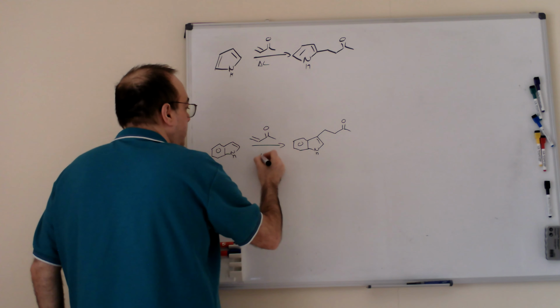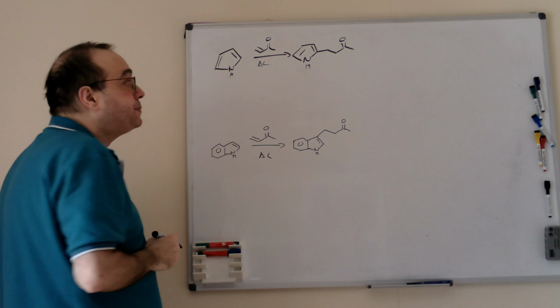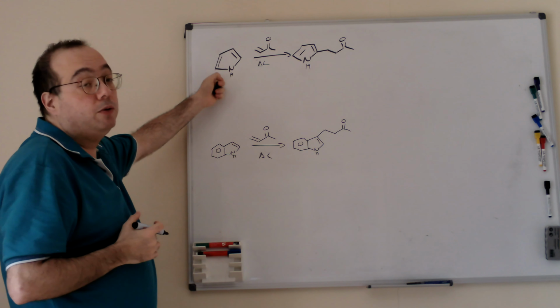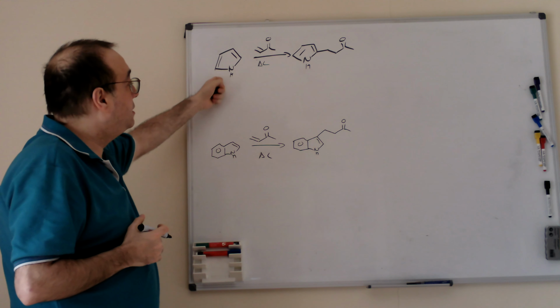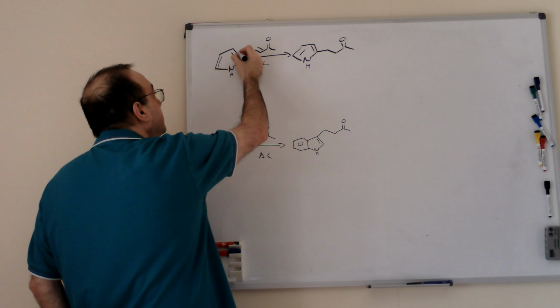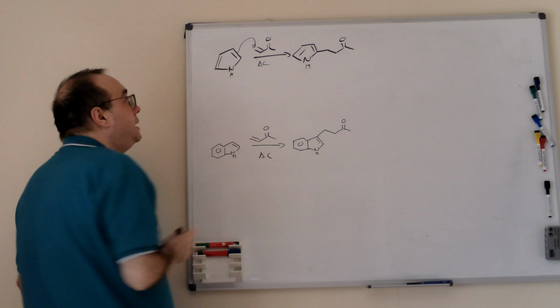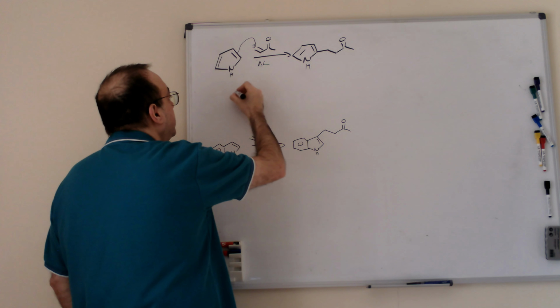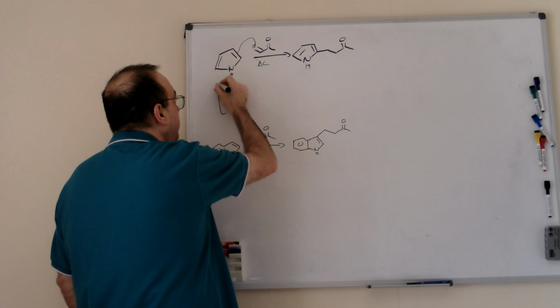We are using a Lewis acid, and the first step is the attack of our nucleophile, that will be the pyrrole or the indole, towards the Michael acceptor. This is the first step, and what we generate basically is this intermediate.